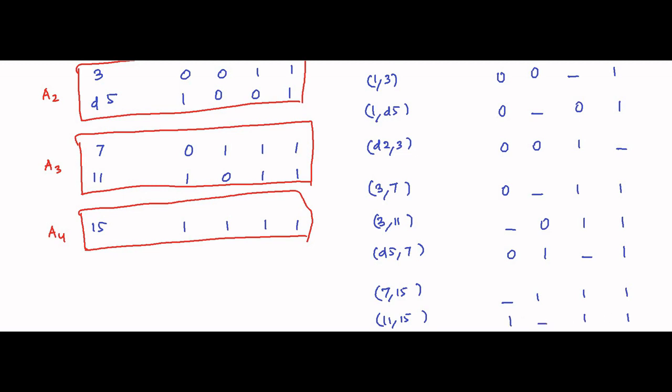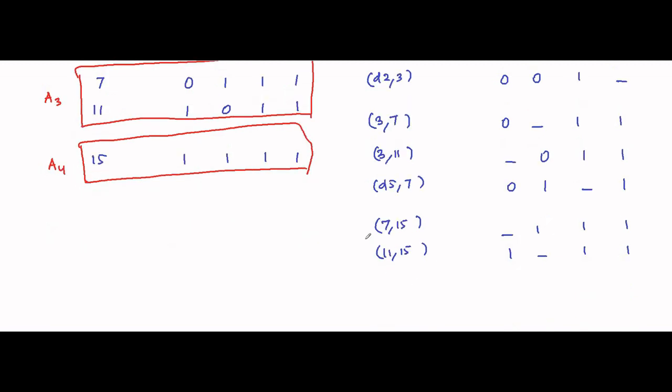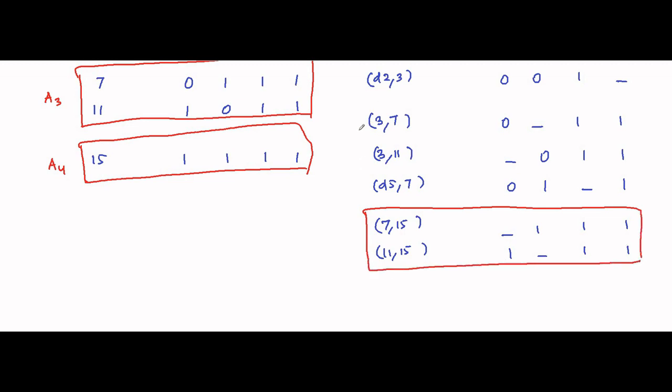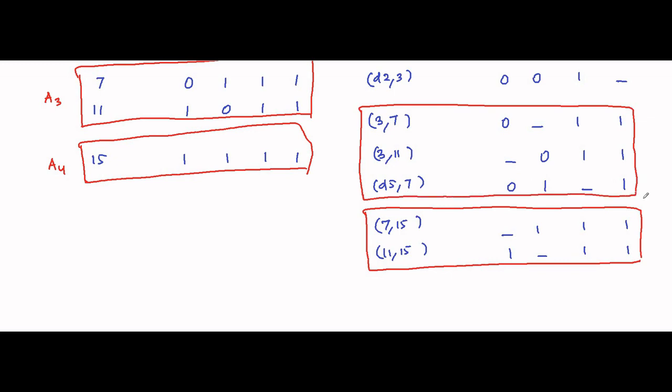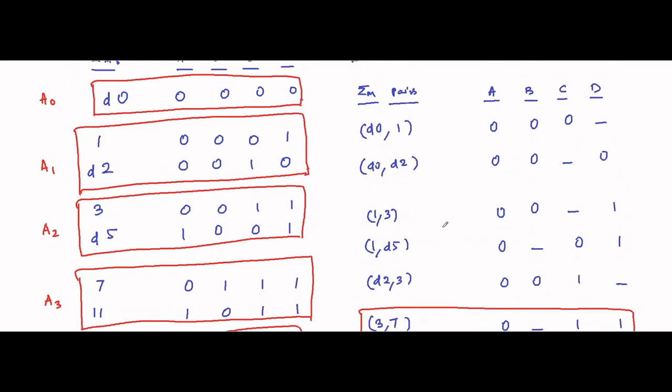So we'll be putting them in different groups: 7 15 and 11 15 in one group, then 3 7, 3 11, D5 7 in another group, then 1 3, D5, D2 3 in another group.